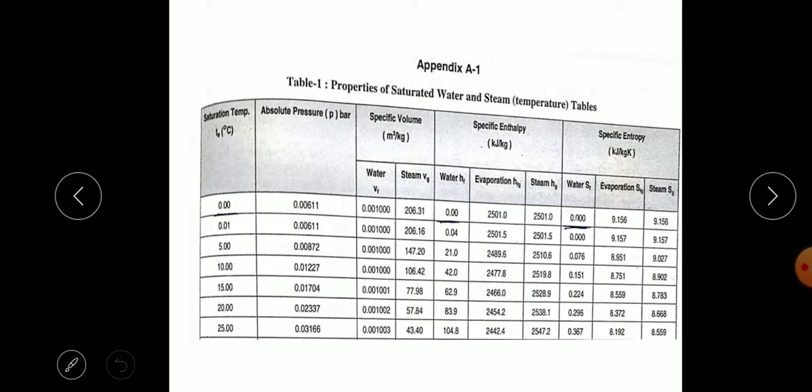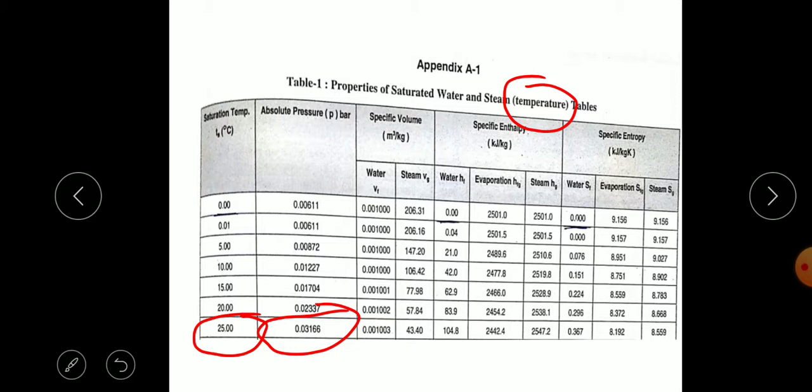First, we see the properties of saturated water and steam on the temperature basis. Here it is mentioned temperature basis. Suppose we are given a 25 degree temperature. The corresponding saturation pressure will be very low compared to the surroundings.